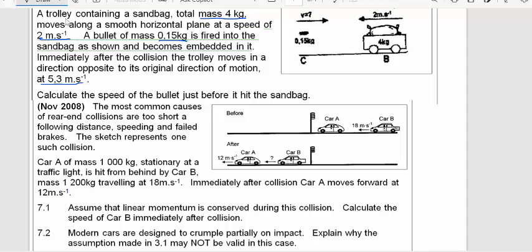So since you have the sandbag, let me just write the formula.